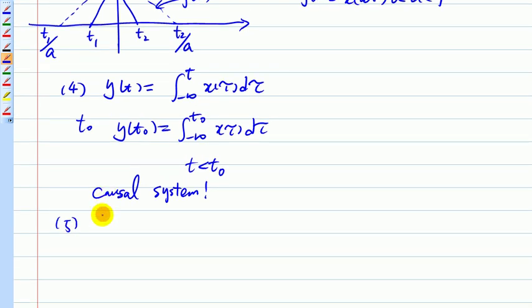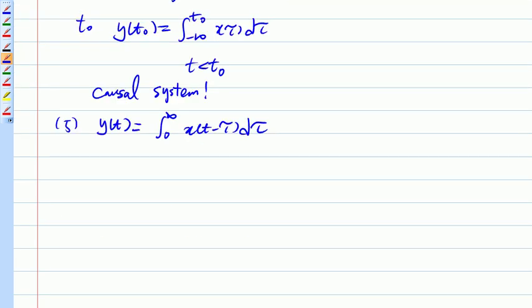Okay, so let's take a look at this one here. This is totally a little bit different. Now the integral limit is from 0 to infinite. You might wonder, does that mean that the output depends on the future input? But now you look at the integrand.